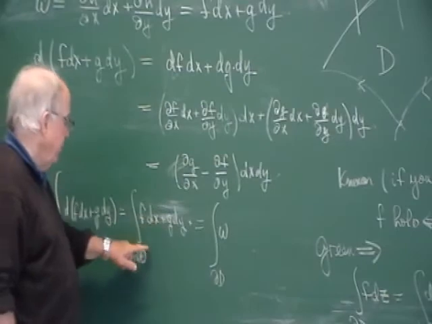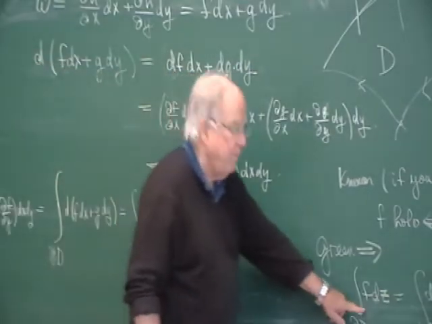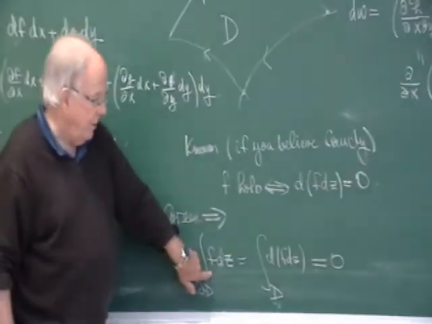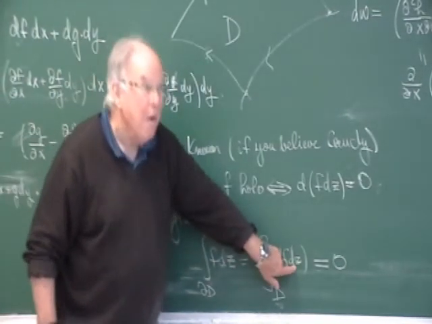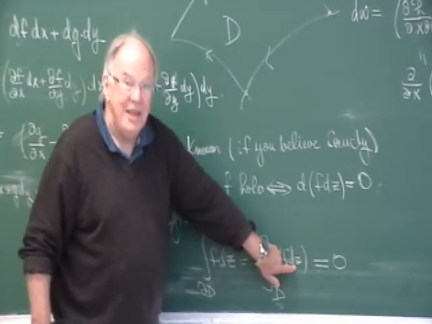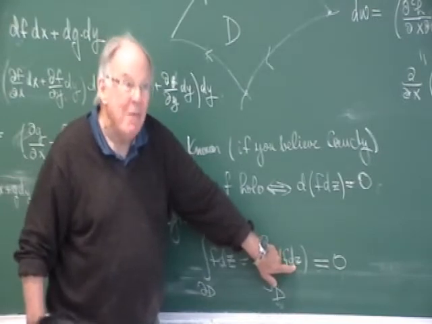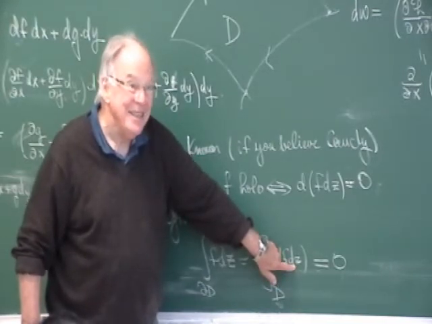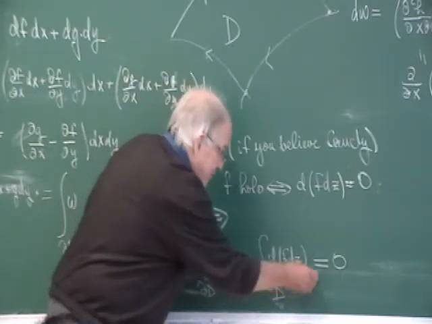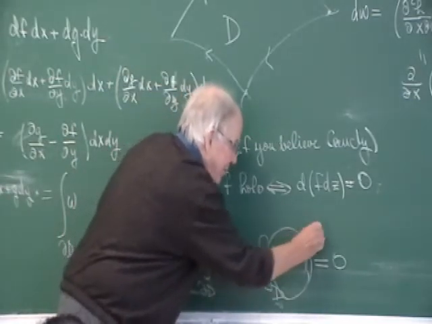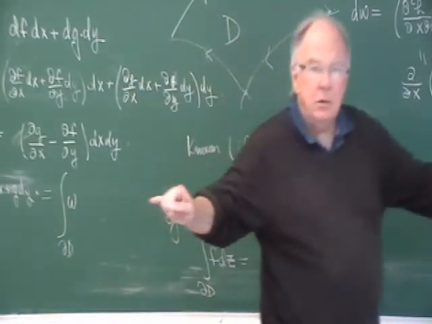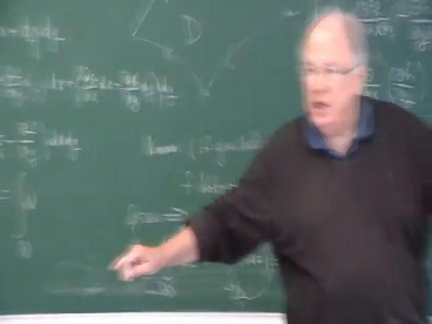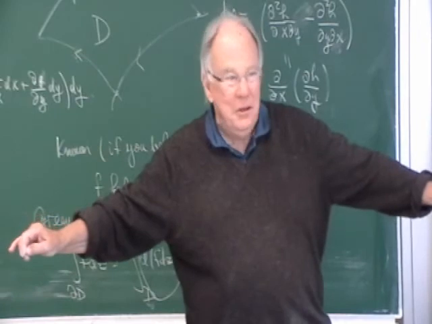If the original thing is f dz, where f is holomorphic, then you compute that d of f dz is 0. That is the Cauchy-Riemann equation.